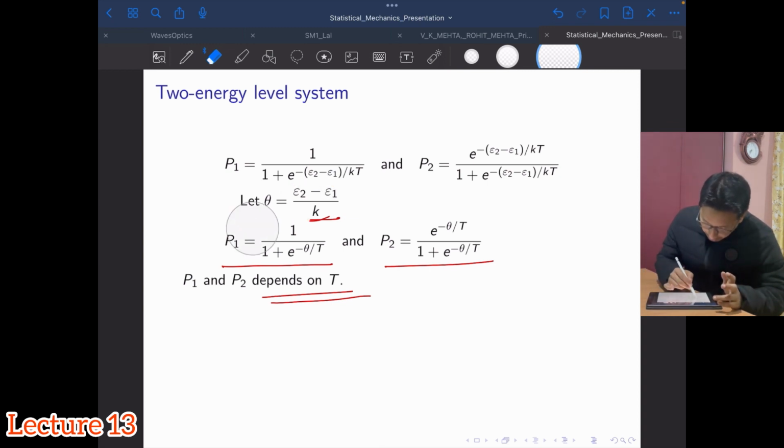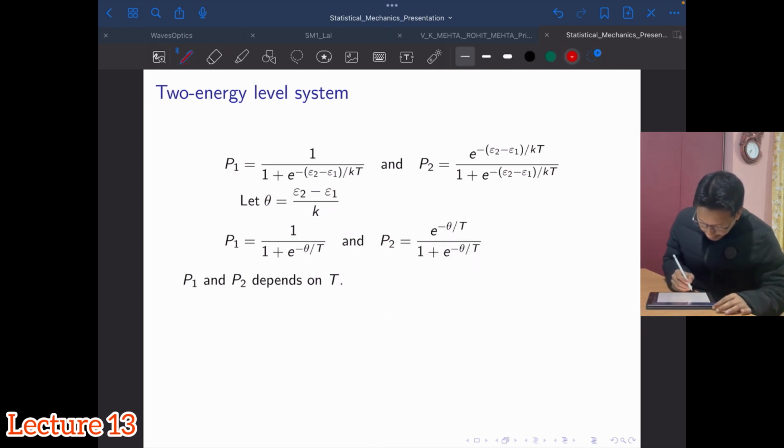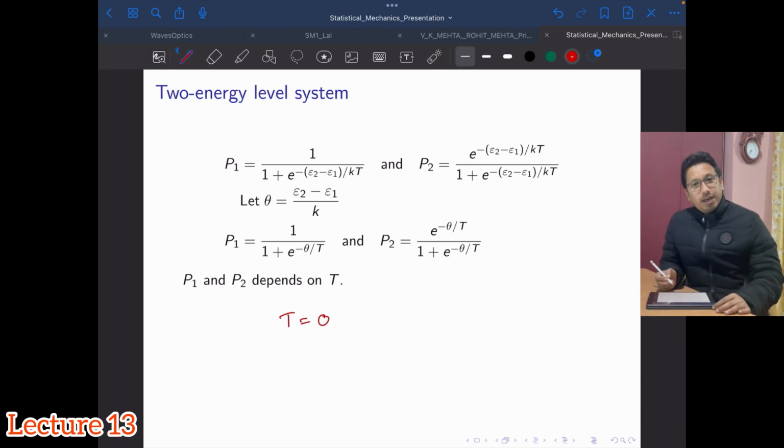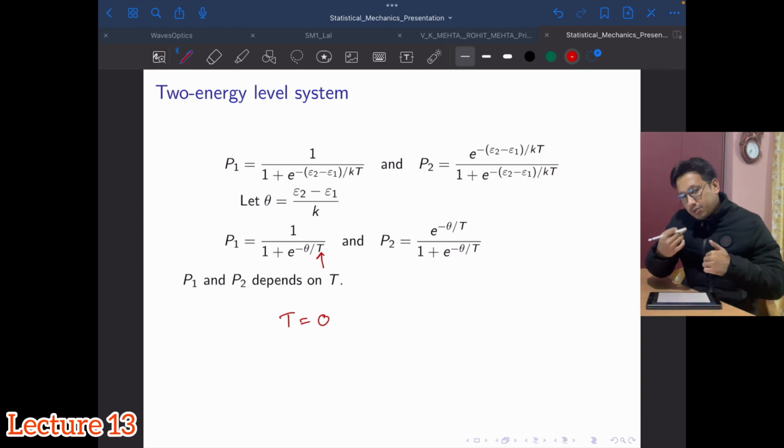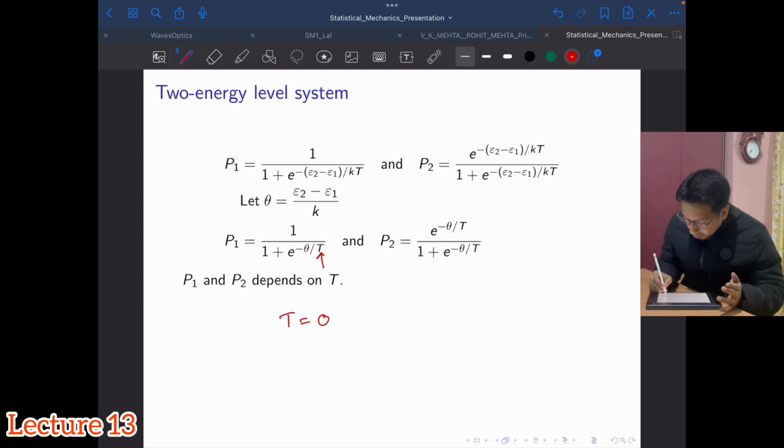If you do a little bit of analysis on this, let's assume that temperature T is equal to 0. What will happen if I substitute T equal to 0? Theta by 0 is going to give me infinity, so this is e to the power negative infinity, which is 1 by e to the power infinity.